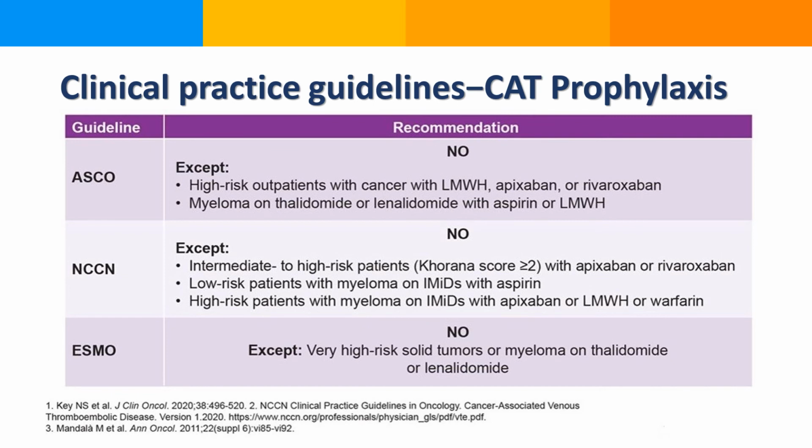The National Comprehensive Cancer Network restricted prophylaxis to intermediate to high-risk patients with a Khorana score of 2 or higher, with apixaban or rivaroxaban, and even low-risk patients with myeloma on imides with aspirin, and high-risk patients with myeloma on imide with apixaban, low molecular weight heparin, or even warfarin.